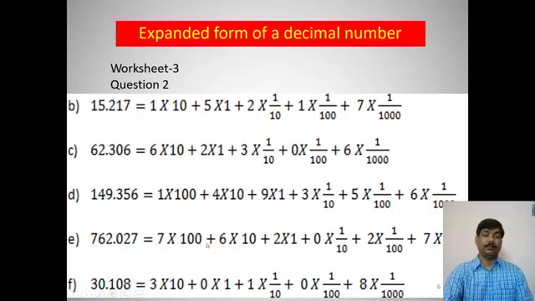So 7 is multiplied by 100, plus 6 is at the 10th place, so 6 multiplied by 10, plus 2 is at the 1st place, so 2 multiplied by 1, plus 0 at the 10th place, so 0 multiplied by 10, plus 2 is at the 100th place, so 2 is multiplied by 1 upon 100, plus 7 is at the 1000th place, so 7 is multiplied by 1 upon 1000. So we can write this number also.